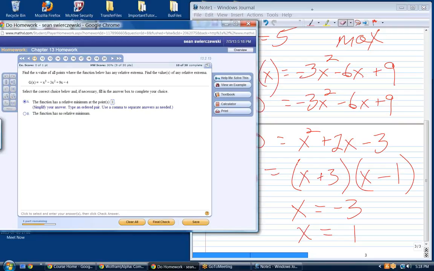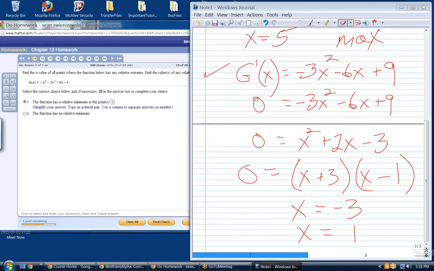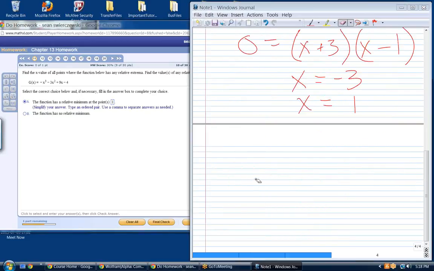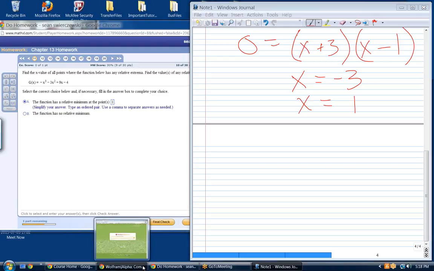Okay, let's go back. Let's plot this on Wolfram Alpha.